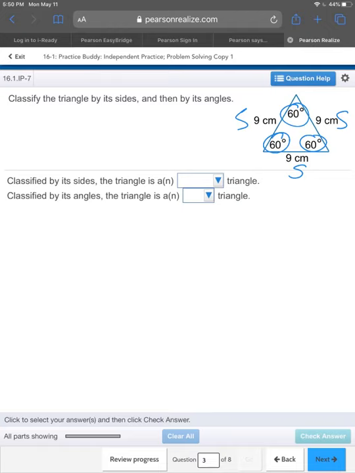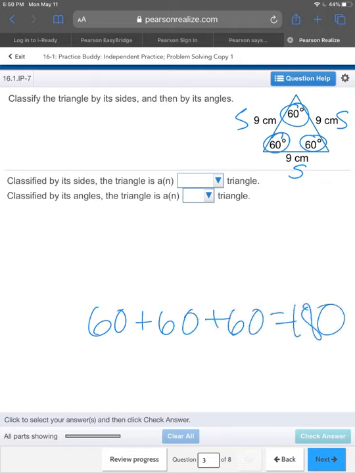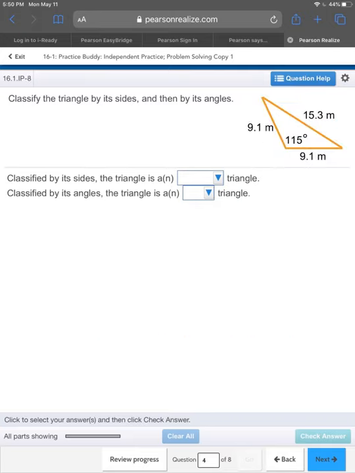And actually, one of the last examples I give in the video will give you the answer to this question. It's not the exact sides, but the angles are the same. Remember, 60 plus 60 plus 60 gives you 180. All the angles in a triangle give you 180 all the time, no matter what. Next question. I'm going to point out all the sides: 9.1, 15.3, and 9.1.